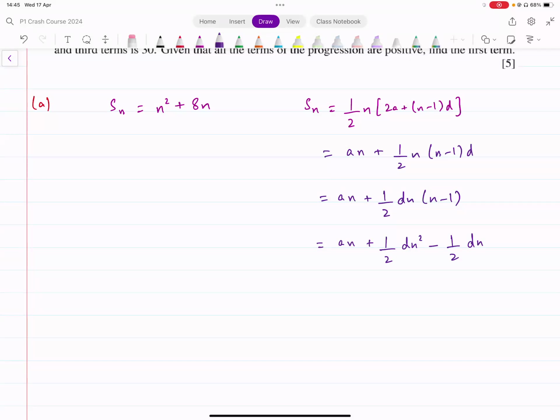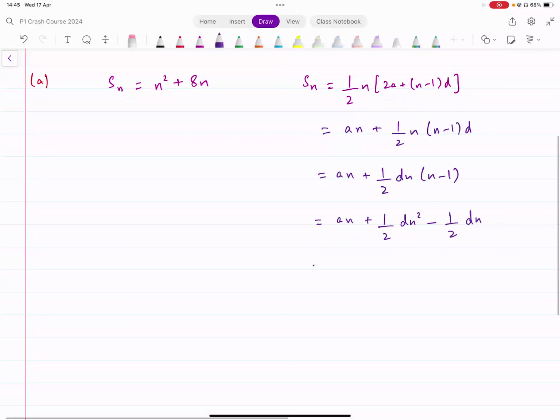Okay. Now, what are the two terms that you need? One n squared term and one n term. Now you have an n squared term here, and you have two n terms. What you can do is you can write the n squared term first, just like they have here. That's half dn squared.